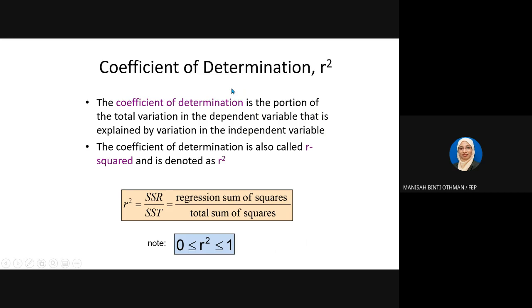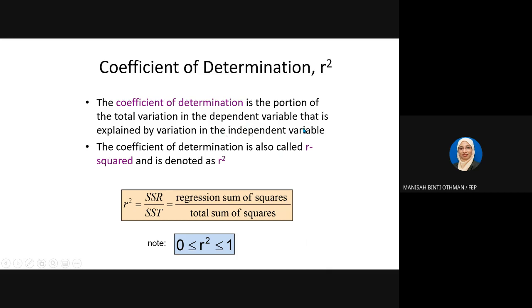Next, the information is for the coefficient of determination, R squared. We want to see the portion of the total variation in the dependent variable that is explained by variation in the independent variable.